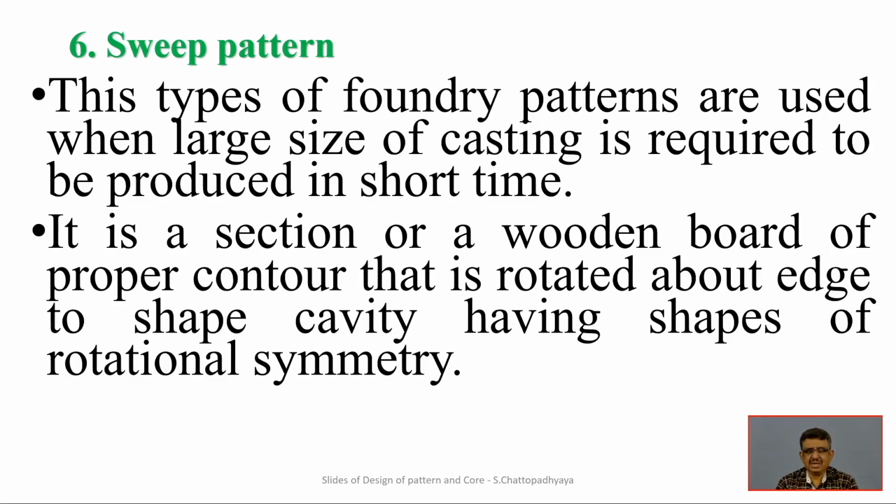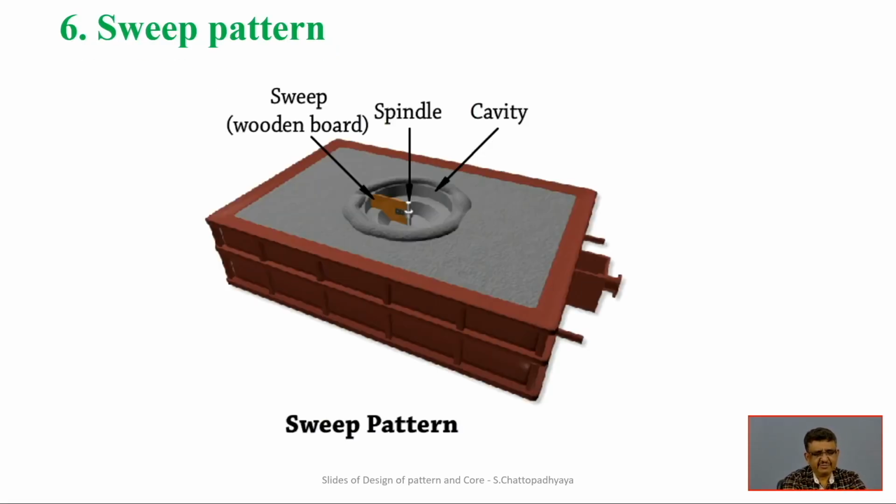That is used when casting is required to be produced in a short time, and it is a section or a wooden board with the proper contour that is rotated about an edge to shape a cavity having some rotational symmetry. Just from the photograph itself one can find it out. Only a sectional part is rotated, the sweep board rotated around a spindle, to create big cavities.